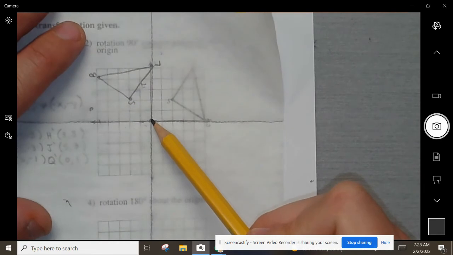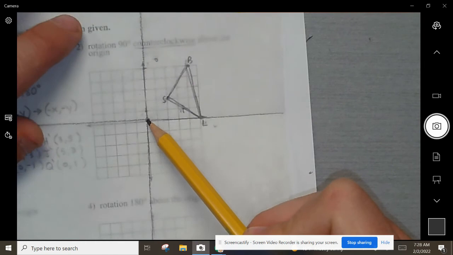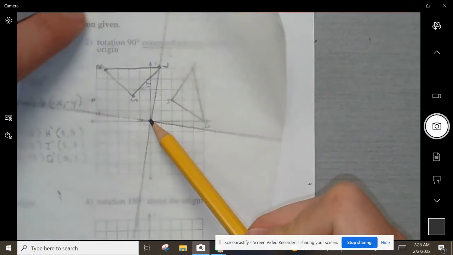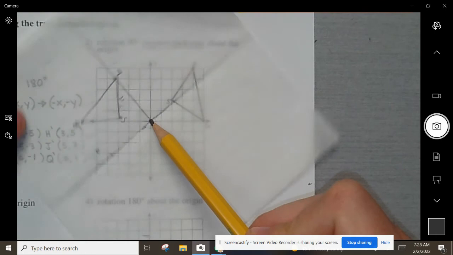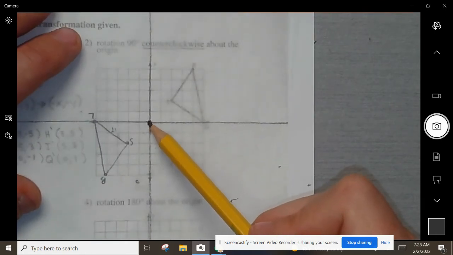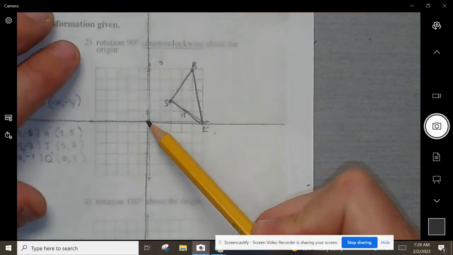That's 90 degrees. If it said, let's go 270 degrees counterclockwise, that's another option. So pay attention, counterclockwise would be here. That'd be 90. This would be 180, right? But here, look at where this image is. This is 180 counterclockwise. Let me show you 180 clockwise real quick.